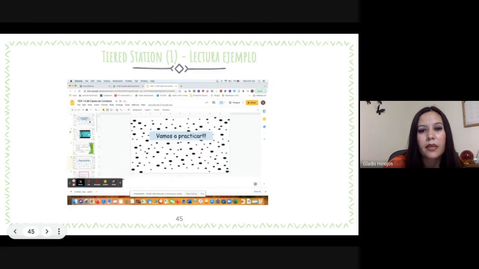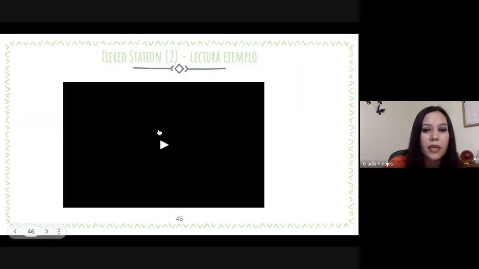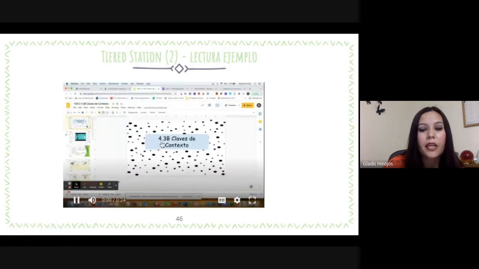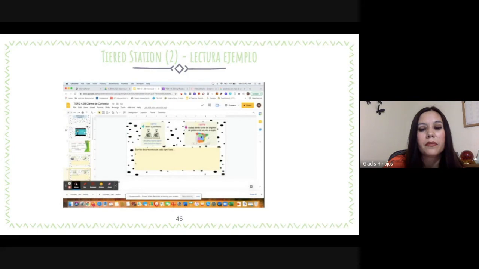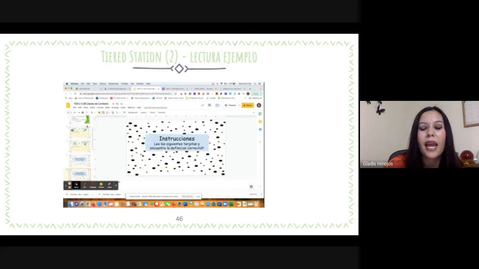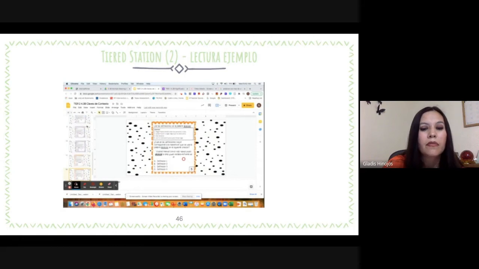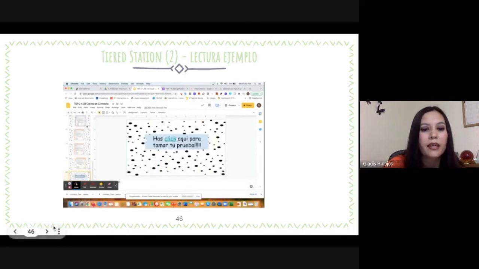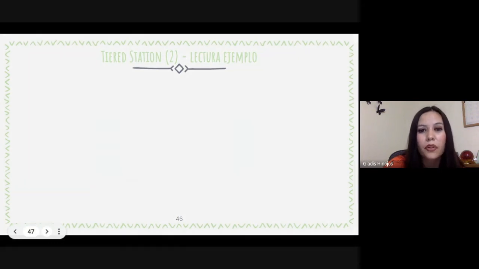Let me show you a little of my tier 2. Same thing, video, anchor chart. But on this one, I added more matching and visuals. And same thing, they have to take an exit ticket. And then for my tier 3, they need more support.